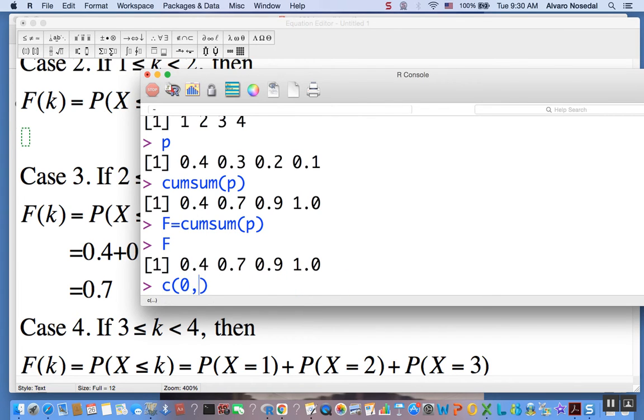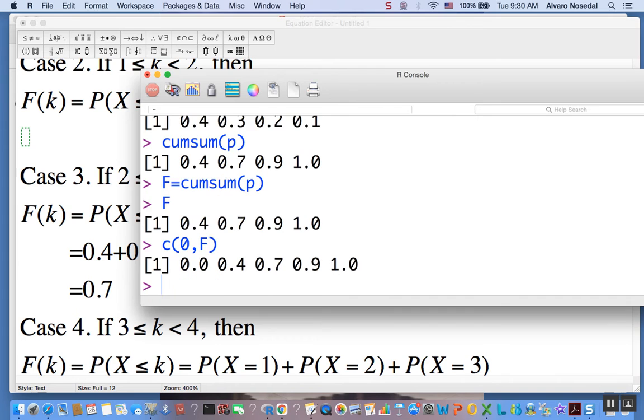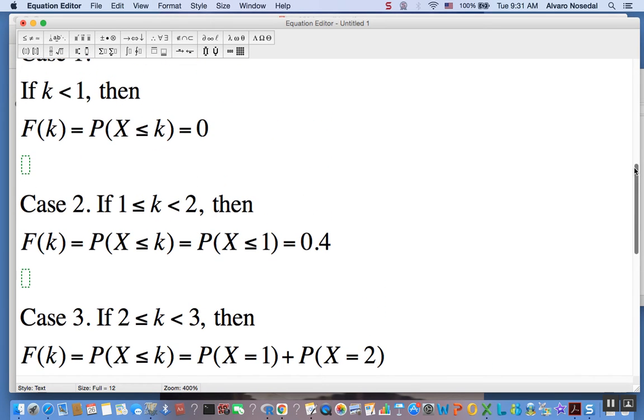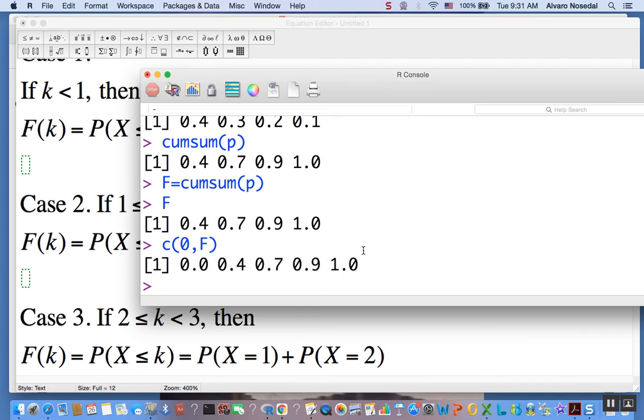I'm just adding 0 to that vector that we already had. Because we know, right, from the first case we should have that F is 0. That's why we're adding that.